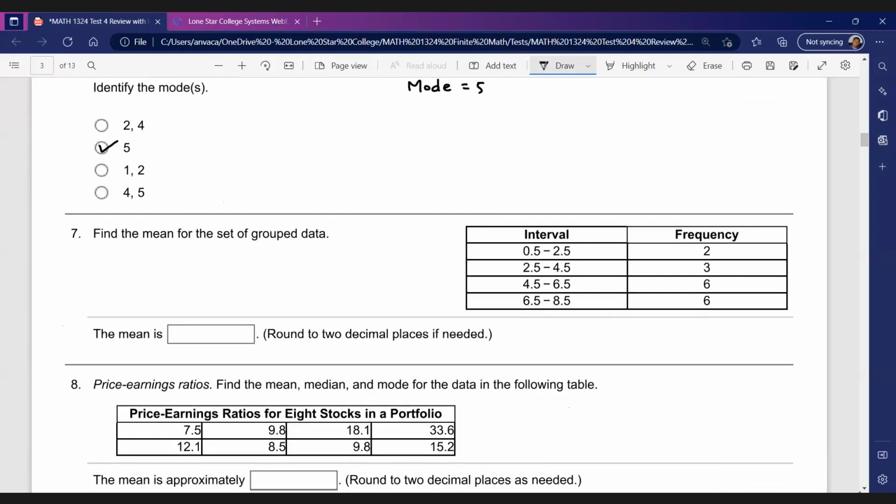Number 7, here we see some group data and we want to find the mean of the group data.